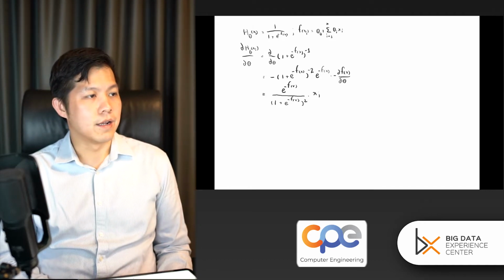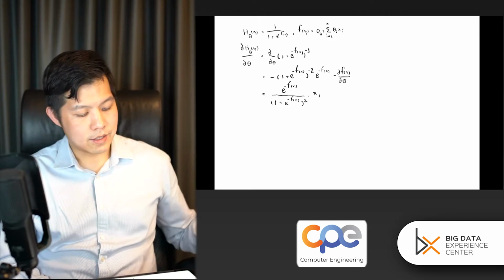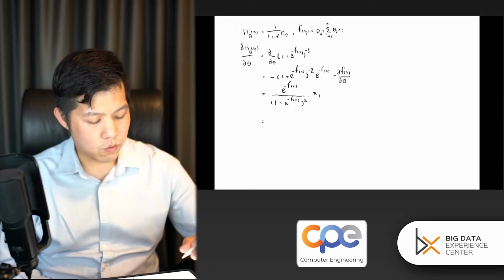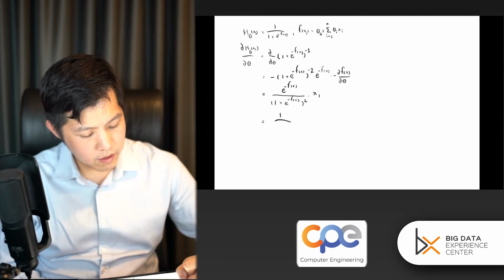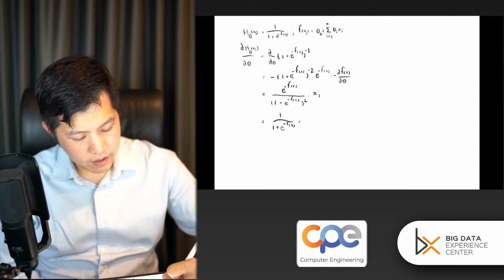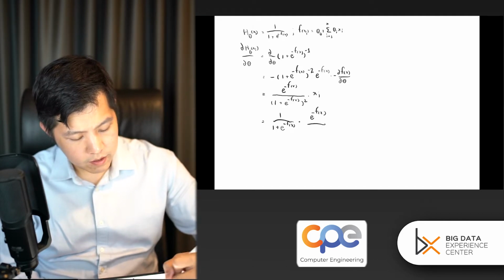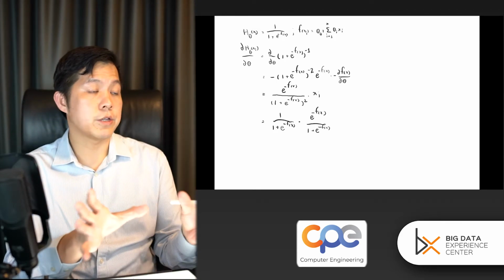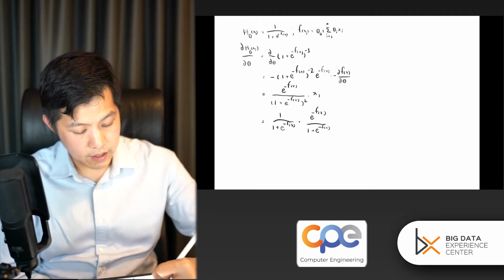Alright, then we can separate it into two parts. The square itself is 1 over 1 plus e to the minus fx. This is the first part, times e to the minus fx over 1 plus e to the minus fx, because it is multiplication between two parentheses, and then xi.